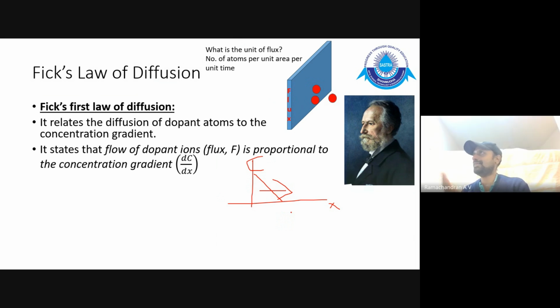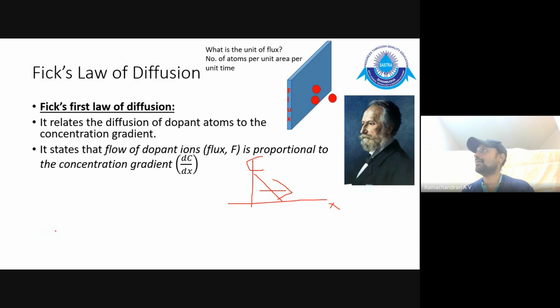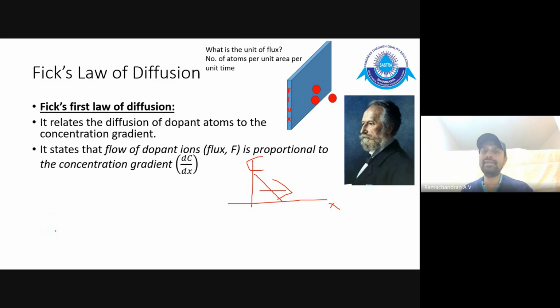What is slope? C2 minus C1 by X2 minus X1. So from this, what can you say? Guys, following? Is the slope positive or negative? Negative. And if you have negative, the flux will be negative.